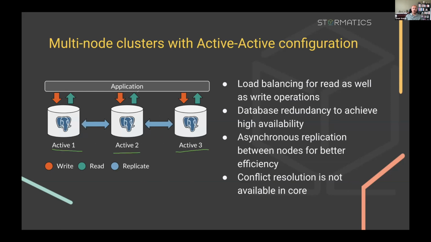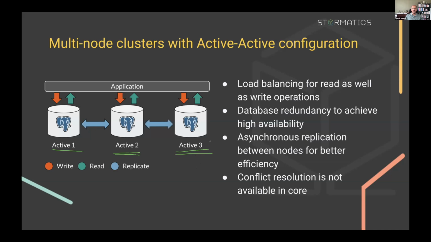What you need to ensure is that the application is conflict aware. Let's assume that active 1 has data from the Americas, active 2 has data from EMEA, and active 3 has data from APAC.